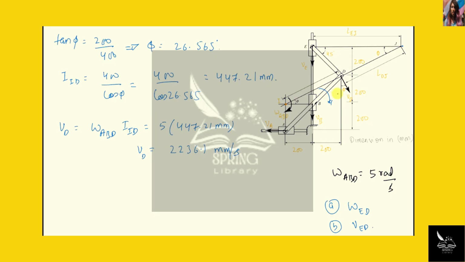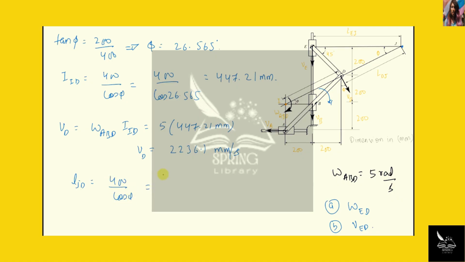Now next we're going to locate the I center of the rod ED. This is the velocity vector at point D, and this is the velocity vector at point E. Perpendicular to this line will be this, and perpendicular to this would be this. So this is point J, the I center. Next I will be calculating the distance JD, let me denote it with L. JD will be equal to 400 over cosine phi.